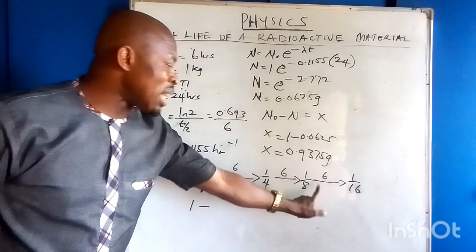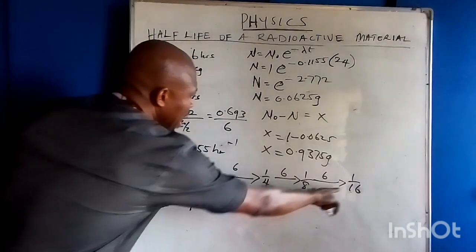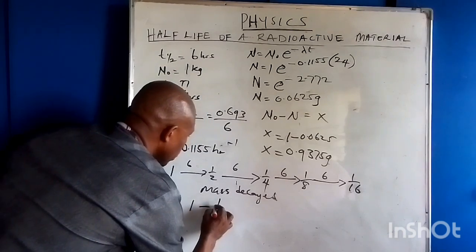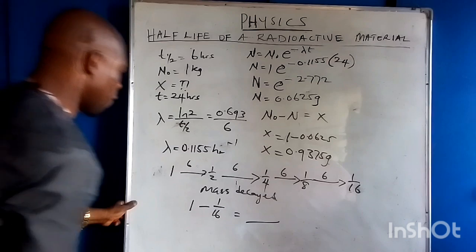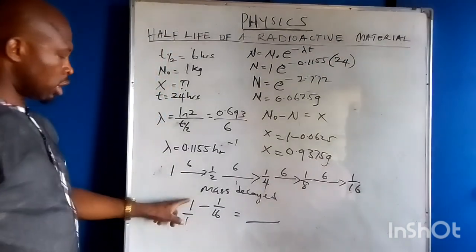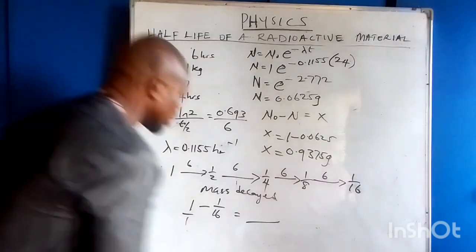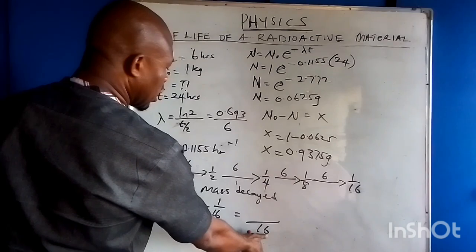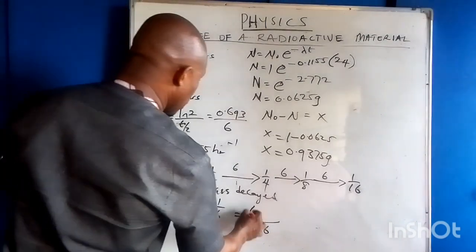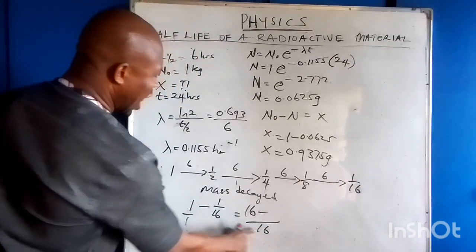So the one that has decayed, we'll now say 1 minus this, 1 minus 1/16, which will give us, of course, this is over 1. LCM of 1 and 16 is 16. Now, 1 into 16 is 16, minus 16 into 1, 1 times 1.